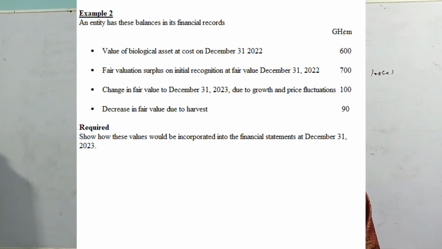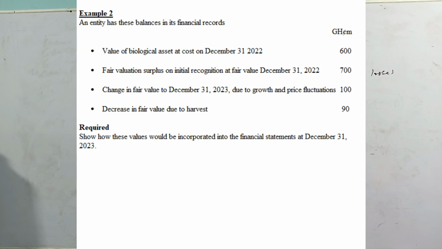And then we have fair valuation surplus on initial recognition at fair value, 31st December 2022, that is 700 million or 700. Then changes in fair value to December 31st, 2023 due to growth and price fluctuations is 100 positive, and then decrease in fair value due to harvest is 90.